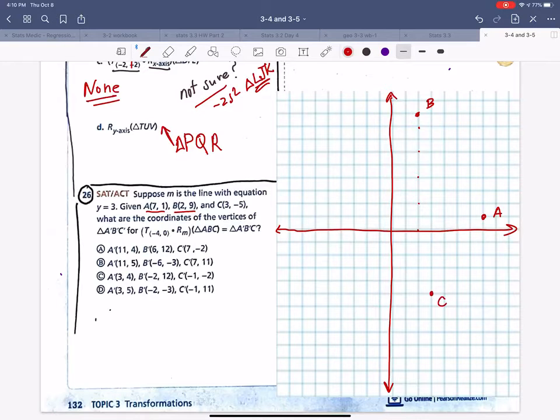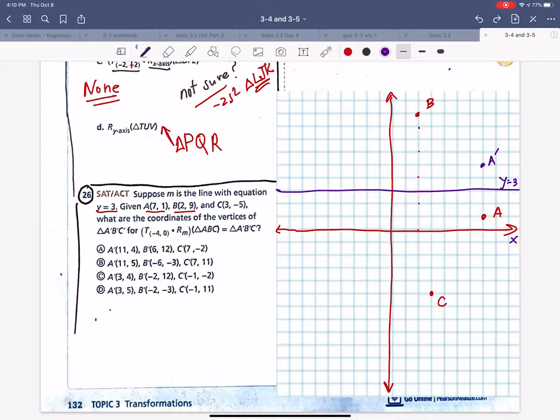Okay, so there's my triangle, and I want to reflect it over the line y equal 3. So if I flip it over, since this is the x, this would be y equal 3. It's parallel to the x-axis. So instead of being 2 below, the new location of A would be 2 above. Instead of being 6 above, I'm going to be 6 below.